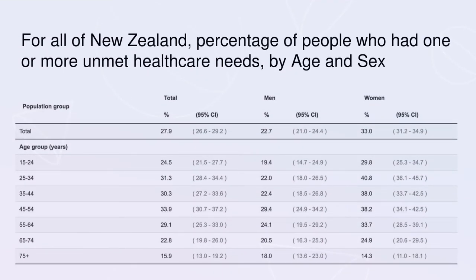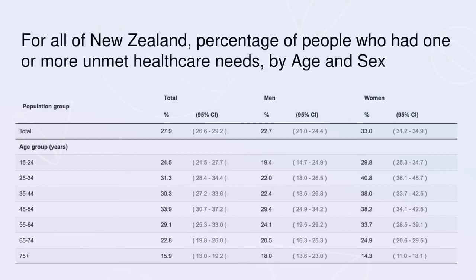The other set of statistics is very similar. This one's the table of people who have got unmet health needs, again stratified by age and gender, with total, men, and women in the 3 columns. Overall we see that about 27 or 28% of the New Zealand population have unmet healthcare needs.